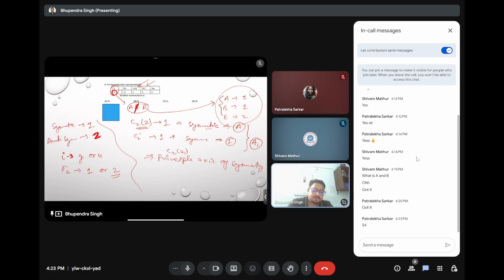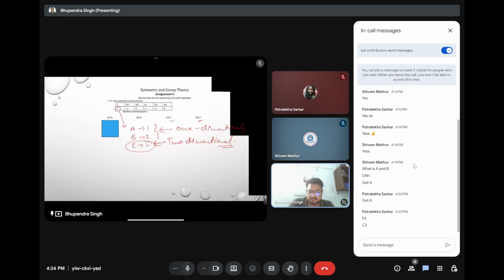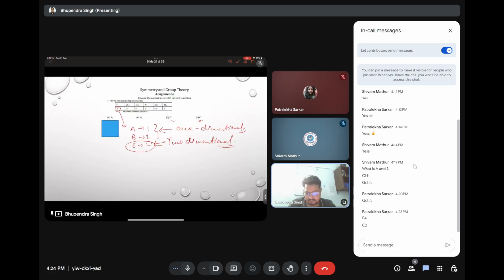S4, S4 is not present. I think my screen is not visible. Okay, okay, got it.